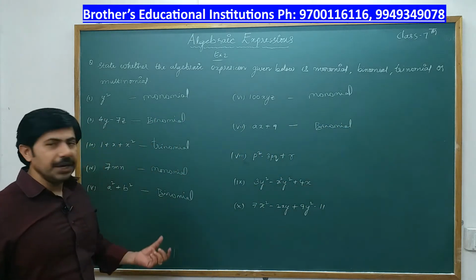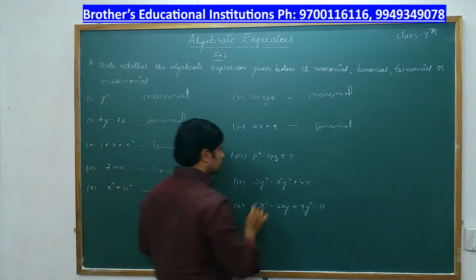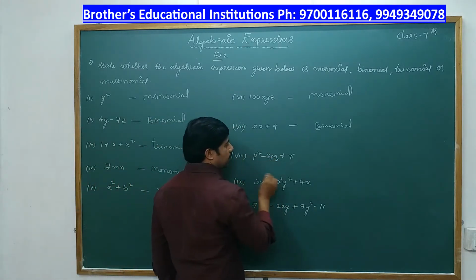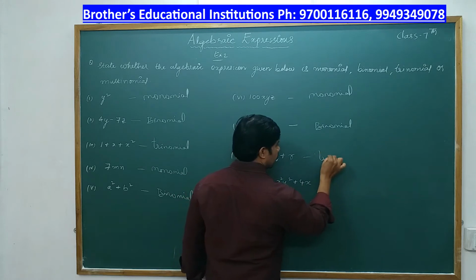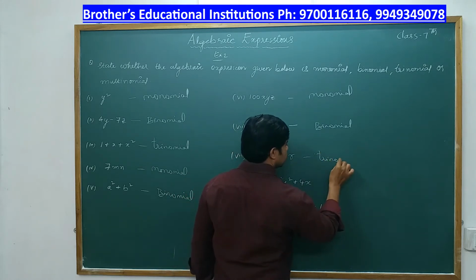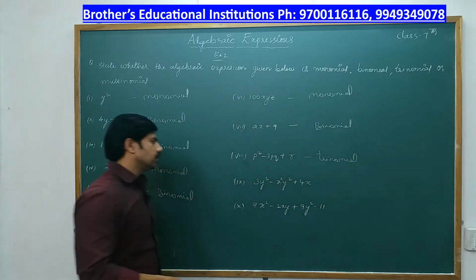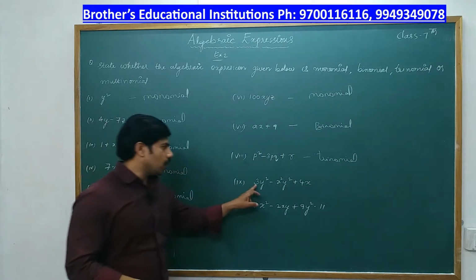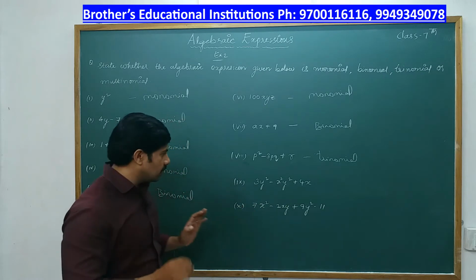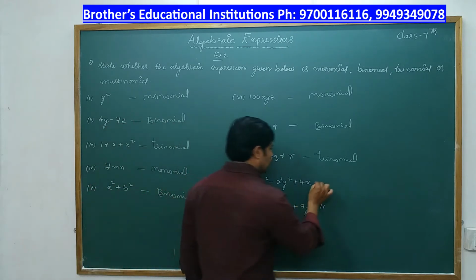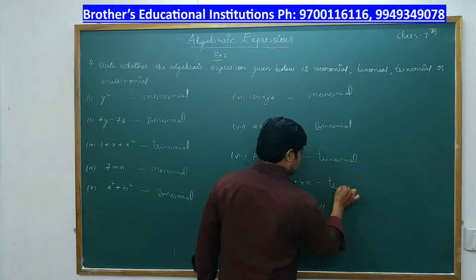Then we have three terms separated with the minus and plus. So as we have three terms, it is trinomial. Tri means 3 here. The next one is 1, 2, 3. Three terms separated with minus and plus. So it also comes under trinomial.